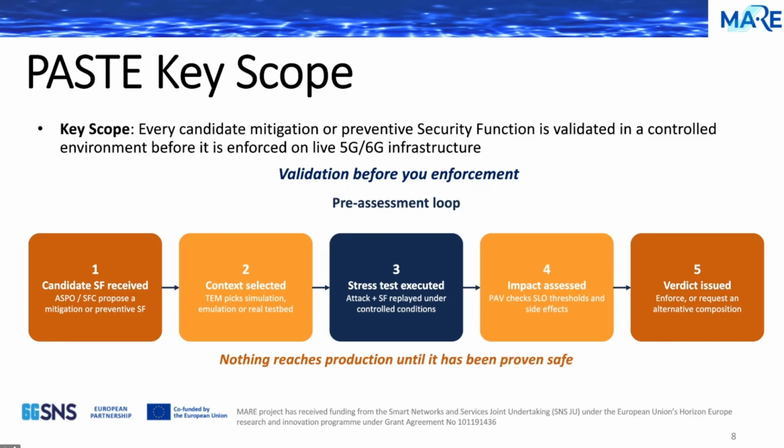Their impact is assessed, so the pre-assessment validation checks that the security level objectives, thresholds, and side effects adhere to the security service agreements, and this verdict is issued to the cybersecurity core in order to be applied to the network.